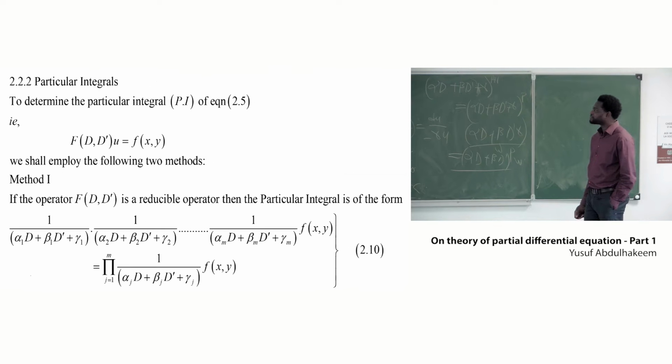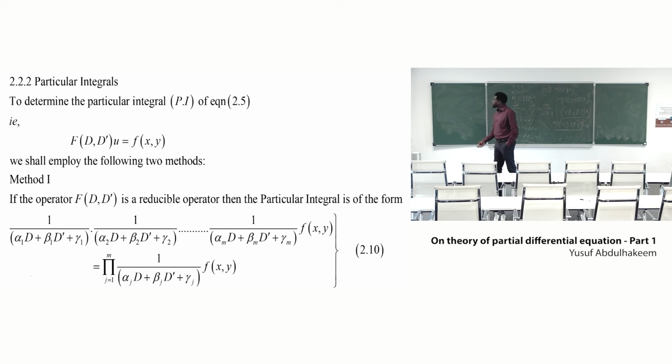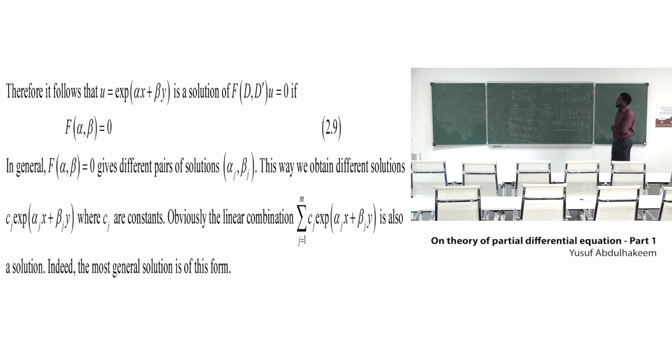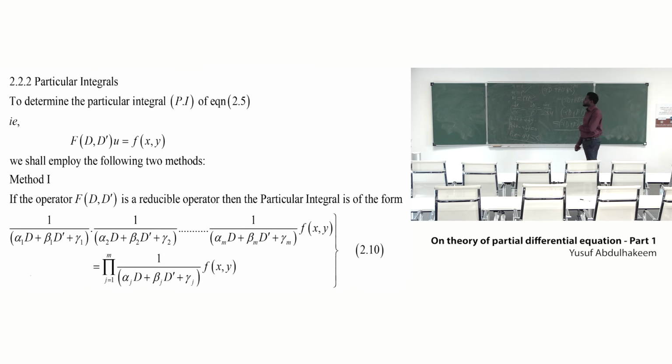And now, everything we have done here is just for us to solve the left-hand side of the differential equation. Then what happens if the differential equation is an inhomogeneous differential equation? Surely, we are going to need what we call the particular integral.